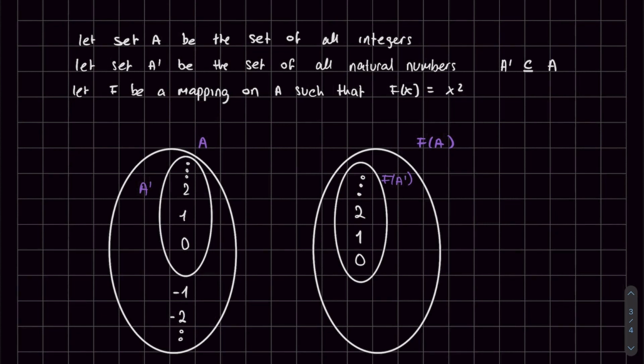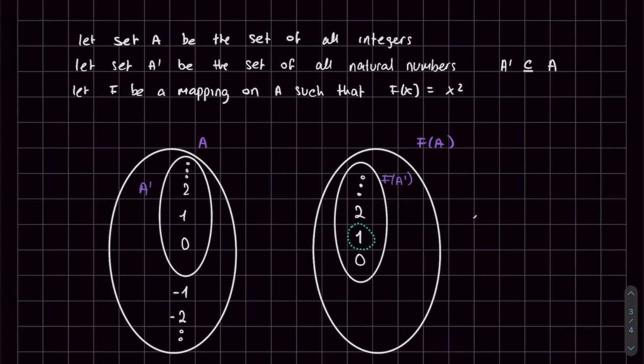Now you can see in the diagram we have A, and we can clearly see why A prime is a subset of A, because A is all the numbers 0, 1, 2, 3 onwards until infinity, and also -1, -2, -3 onwards until negative infinity. We have the image of A and we have the image of A prime. Now let's have a look at this number 1 in the image of A prime.